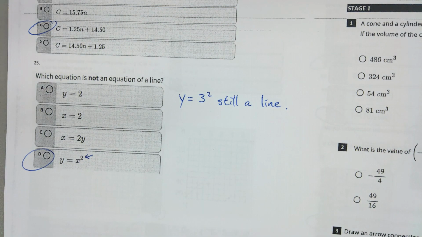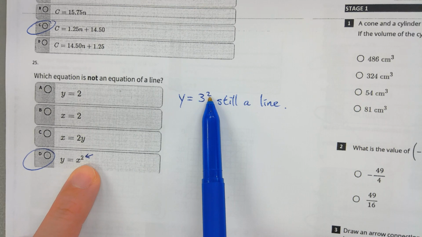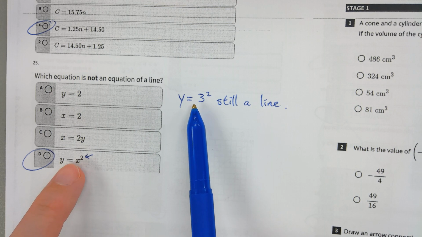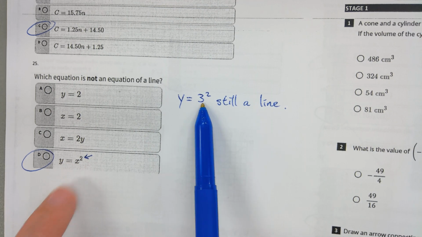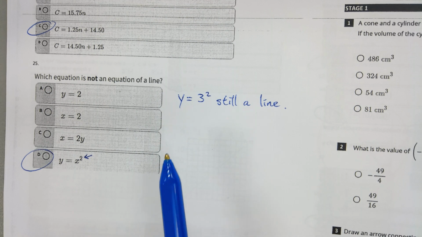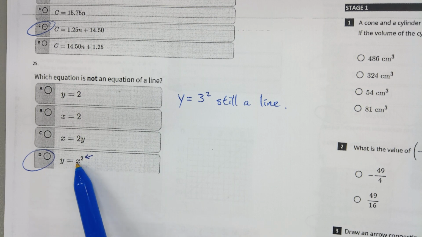All right. But miss, didn't you just say when it has an exponent, it's a curve? So Sophie, sorry. 3 squared, because it's a 3, it's a number. So that's why it's not a curve. No, x could be anything. X is any number. So x is a variable.